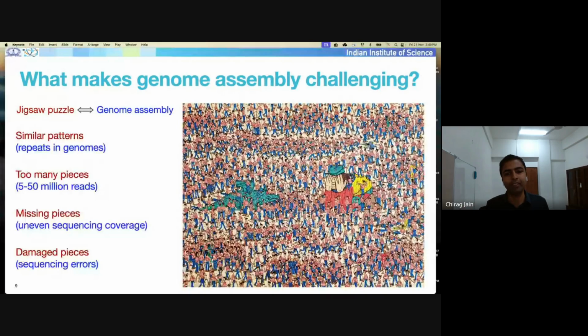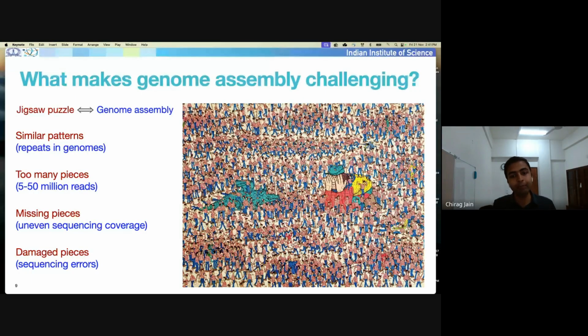If you have a jigsaw puzzle piece, it will be very hard to figure out where to place it because of these repetitive patterns. So similar patterns in the jigsaw puzzle correspond to repeats in the genome sequence. We are also working with too many pieces, because the number of reads that we have to process typically ranges from 5 to 50 million.